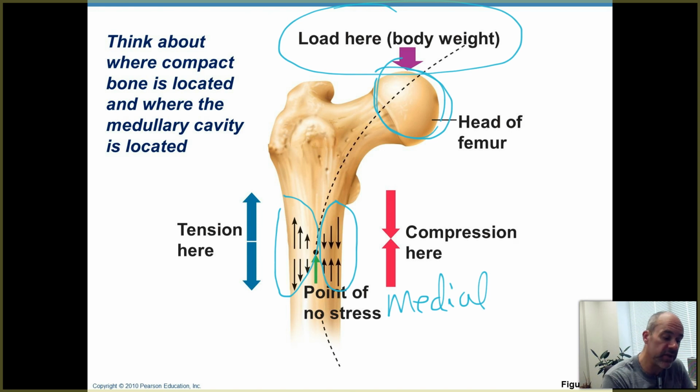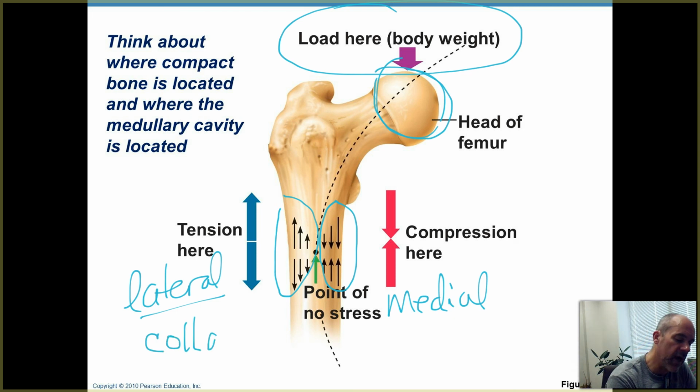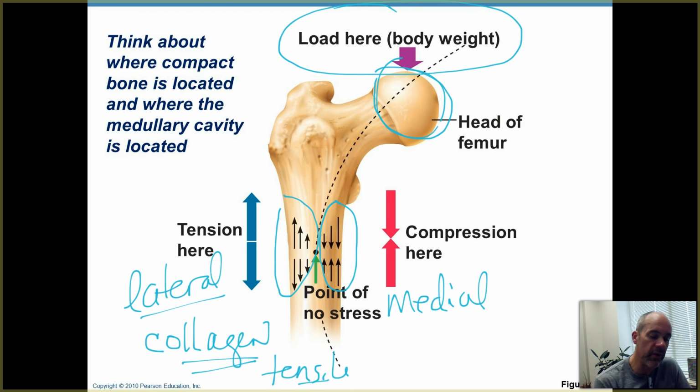And interestingly, tension, what do we have in the bone that is actually helping the bone resist breakage by that bending or stretching or tension that's happening over there on the lateral side? One of the key things are those collagen fibers. Just like you have in other connective tissues, they provide tensile strength. So that's important over there.